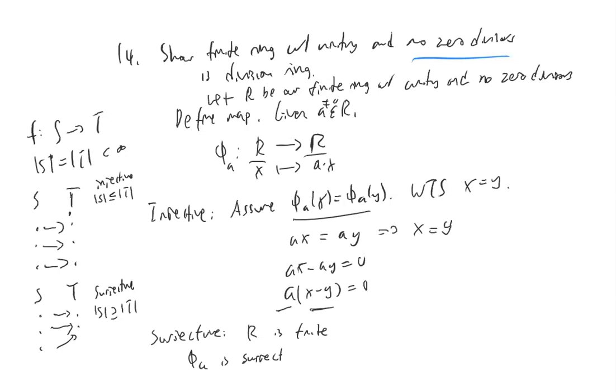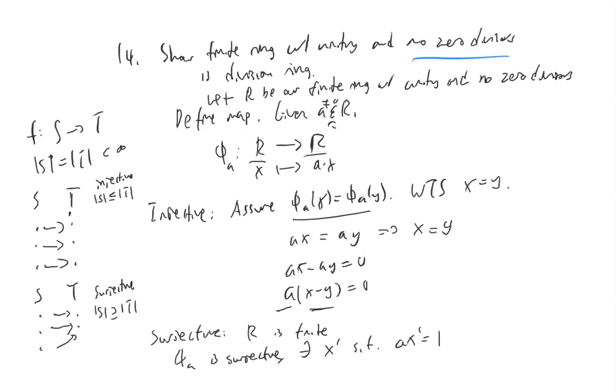Given an arbitrary element B in R, the map phi A sends B to A dot B. A was an arbitrary non-zero element, I could have done this for any arbitrary A. So in particular, since phi A is surjective, there exists x, I'll call it x prime, such that A x prime is 1.